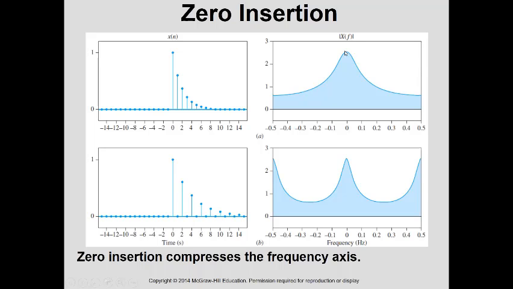In this original signal spectrum that repeats every integer multiple of 1, when I went to twice the sampling rate, that first peak at f equals 1 now occurs at the Nyquist rate, at f equals 1/2 and minus 1/2. So I've squeezed everything in.